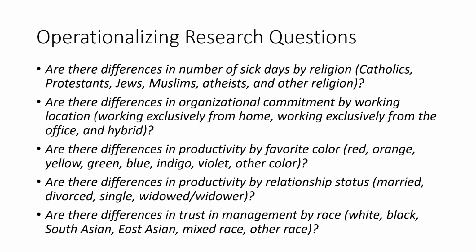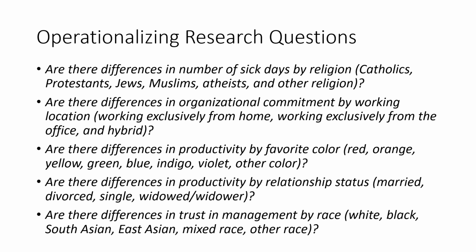All right, let's take some time now to think about the types of research questions that we could ask as data scientists, as social scientists, and answer using a one-way analysis of variance, a one-way ANOVA test. So I've given you a few examples here of actual questions that you could ask and answer using an ANOVA. First question: are there differences in number of sick days by religion?